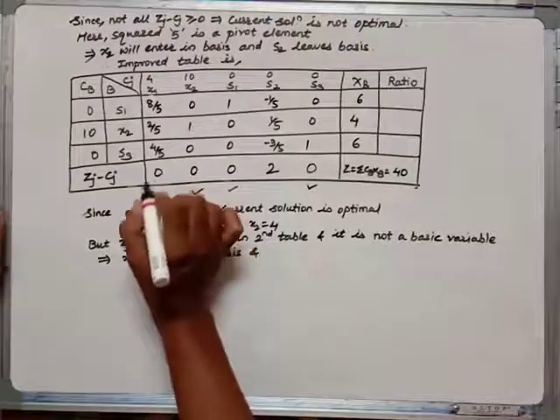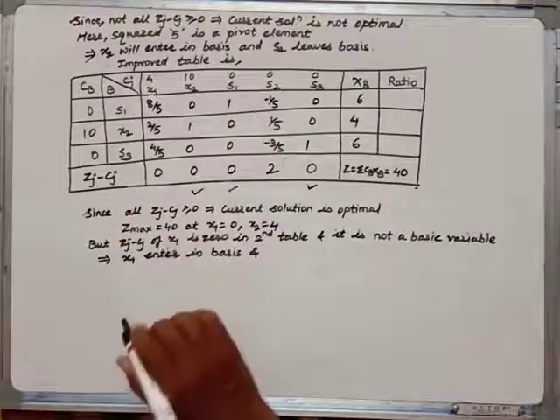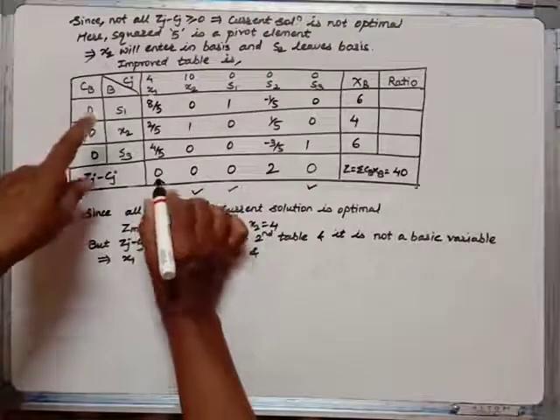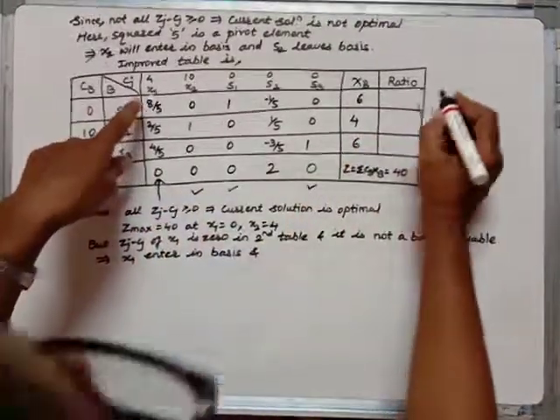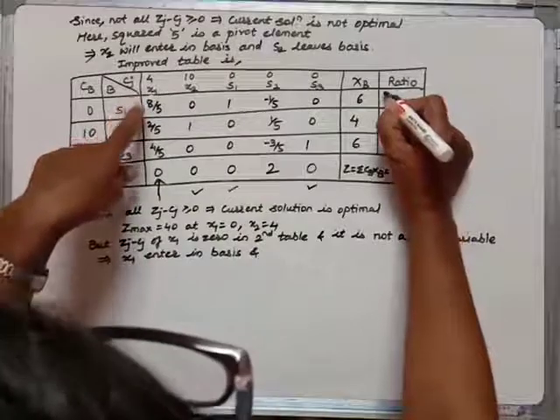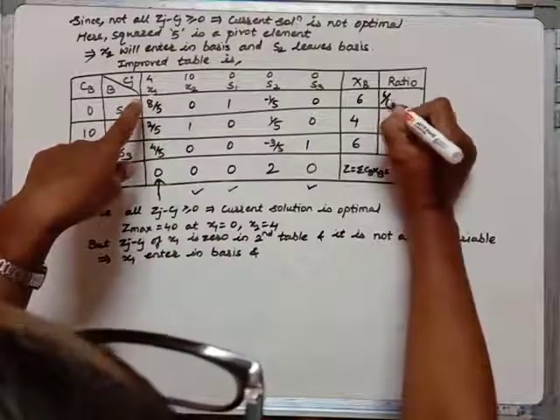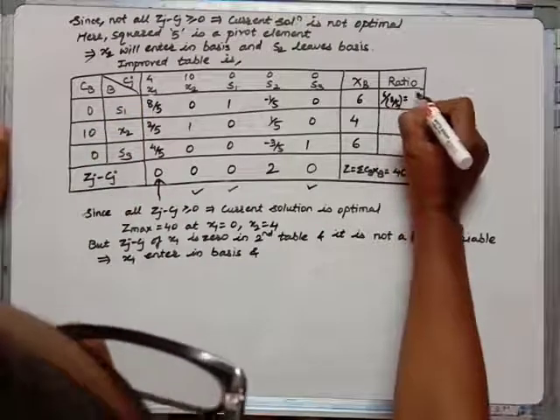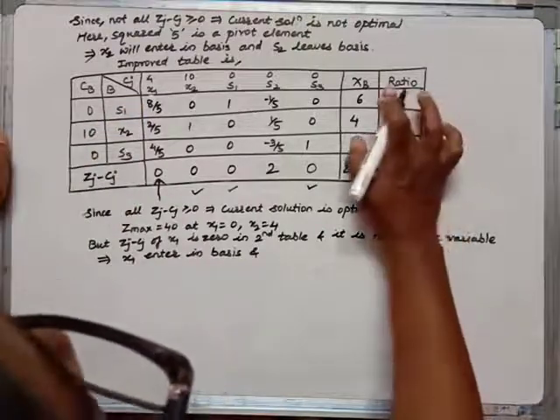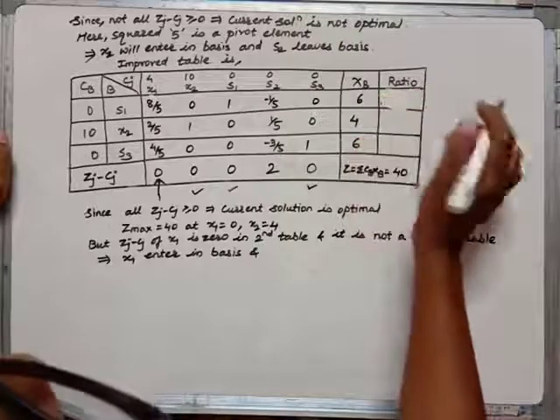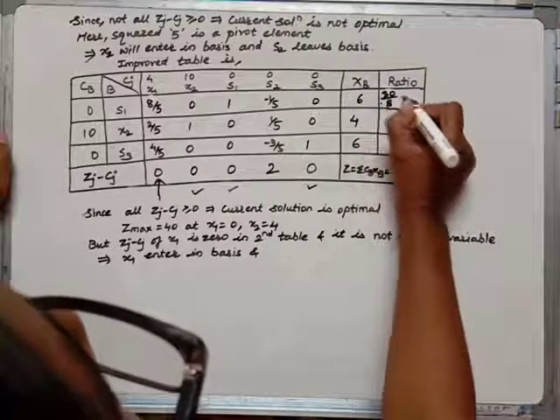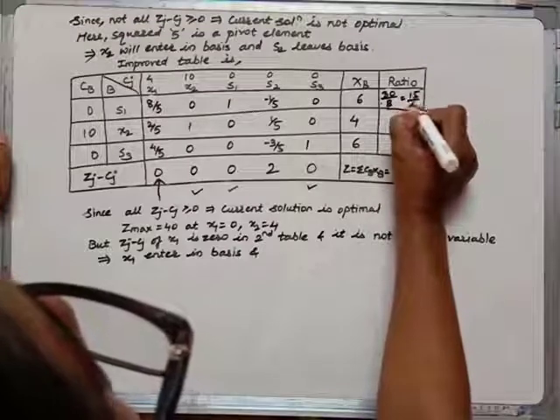Let us check at which position it wants to enter in a basis. So let us take this as a pivot column. Let us determine the pivot row. 6 upon 8 by 5, so it will be 30 by 8, that is 15 by 4.